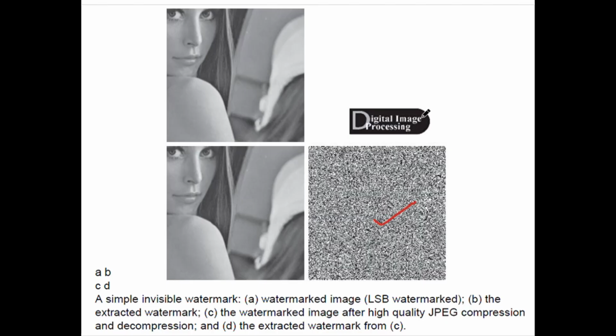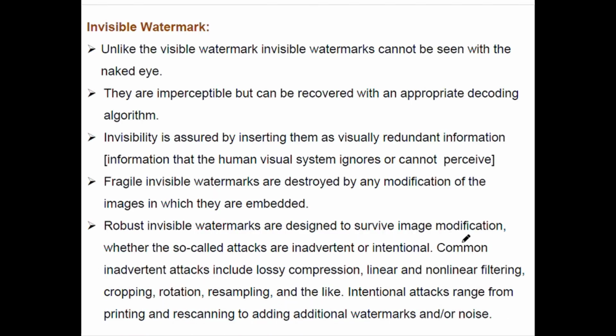Why is the watermark changed, why are you not able to extract it at this point? Because this is the image which is watermarked and this is the modified image. What is that modification? Compression and decompression. So that is the reason we can't extract the watermark. What type of watermark is it? It is nothing but a fragile invisible watermark.